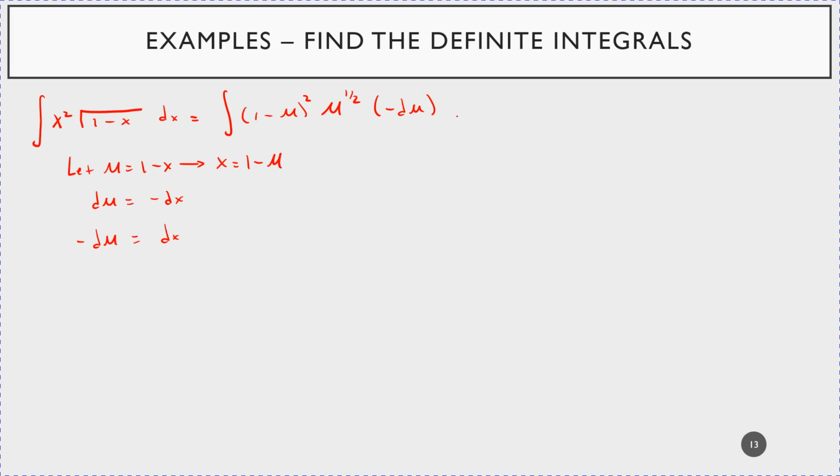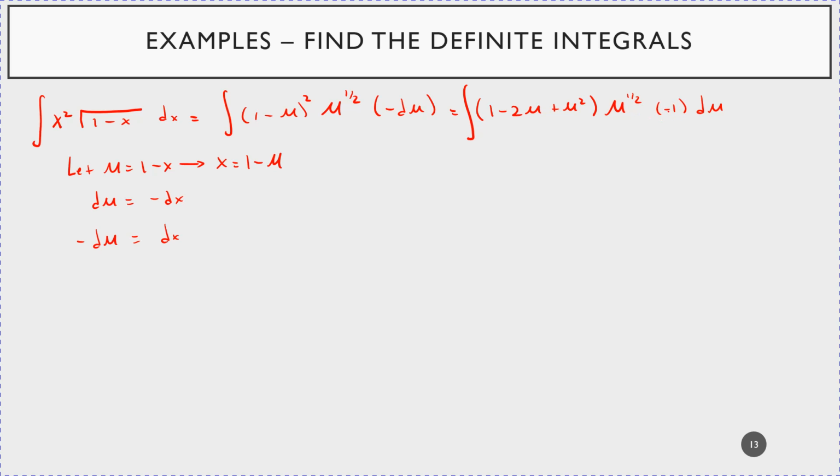A lot going on, and believe me, you have to be very, very meticulous here. So how are you going to solve this? You're going to FOIL this out. So this ends up becoming 1 minus 2u plus u squared times u to the 1/2, and then you have this minus 1 du. And this is all the integral.